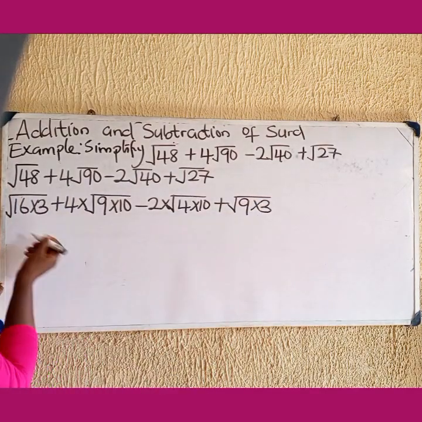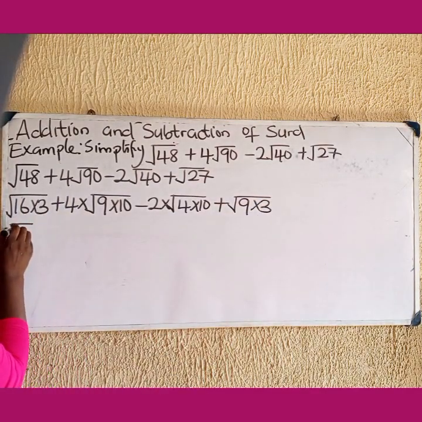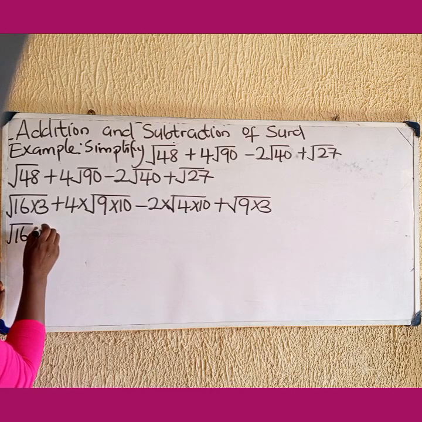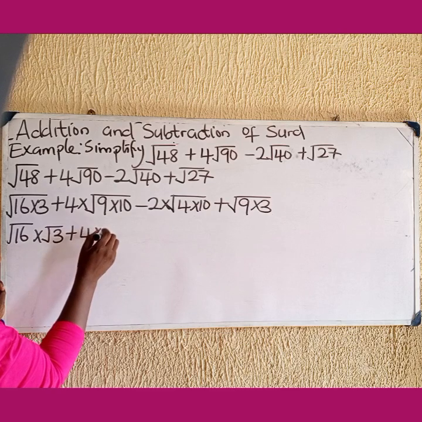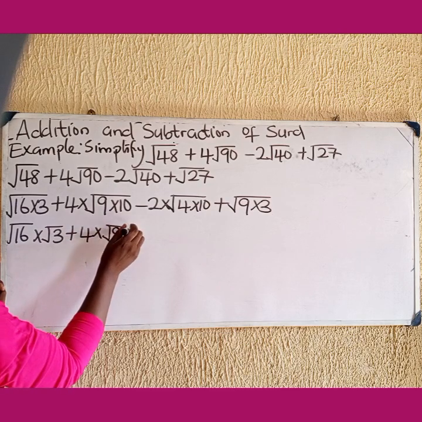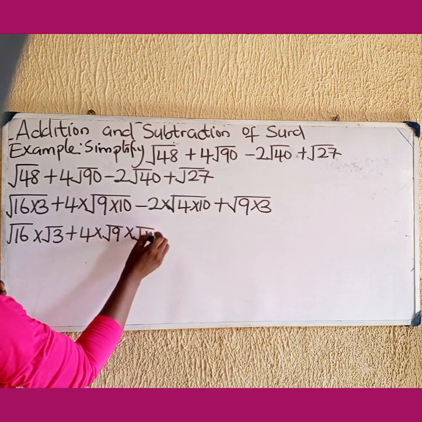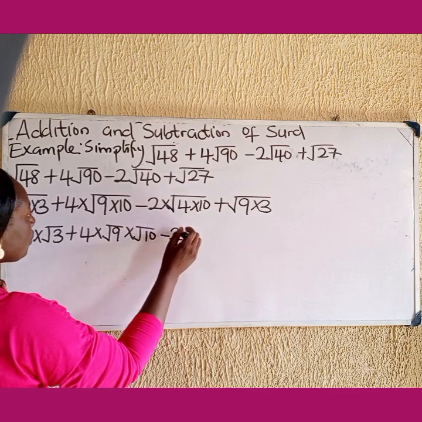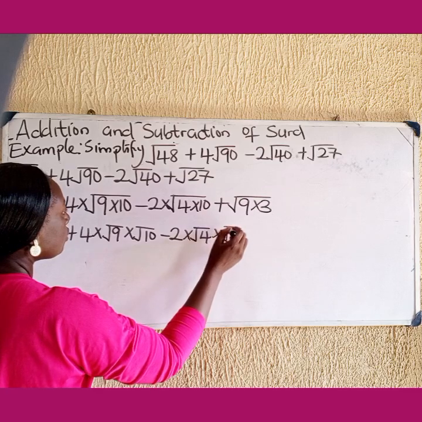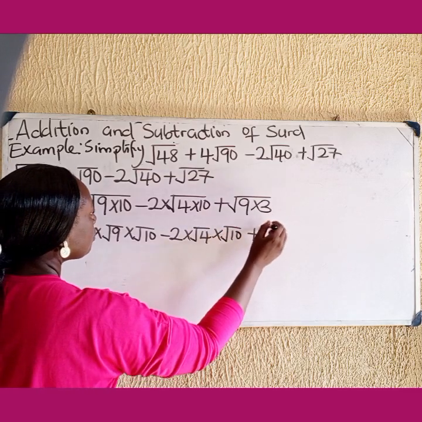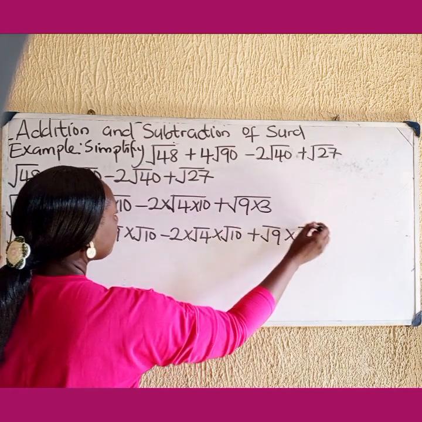Now I'm going to separate them. This is root 16 times root 3 plus 4 times root 9 times root 10 minus 2 times root 4 times root 10 plus root 9 times root 3.